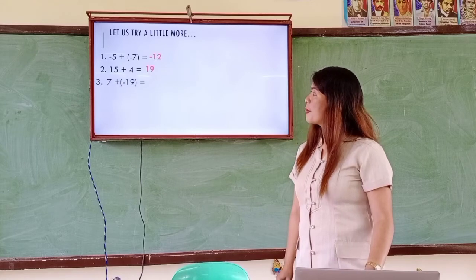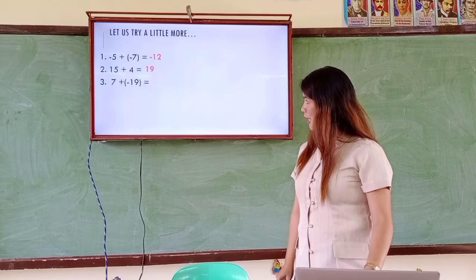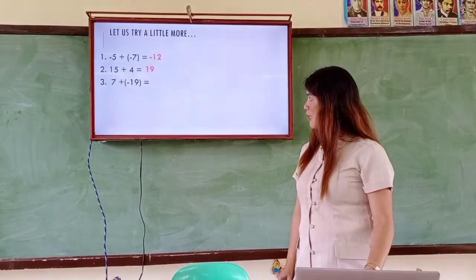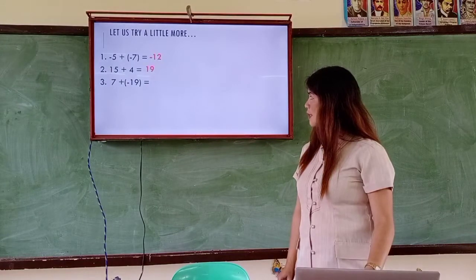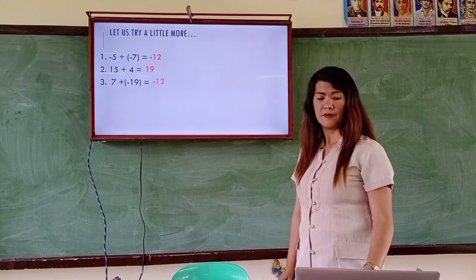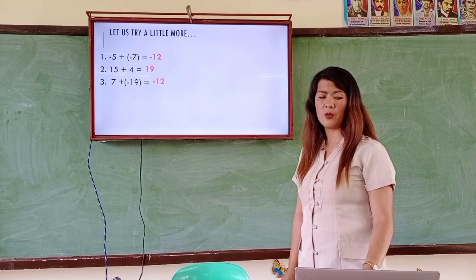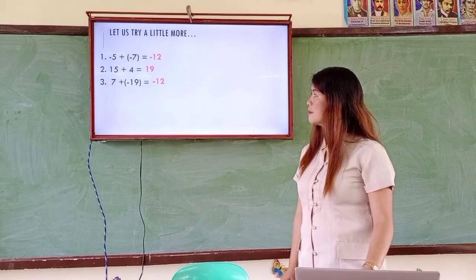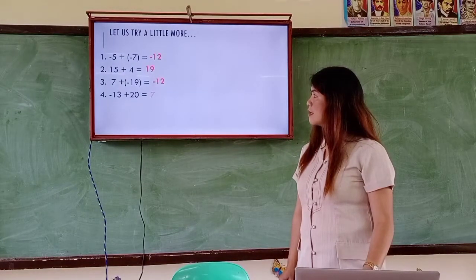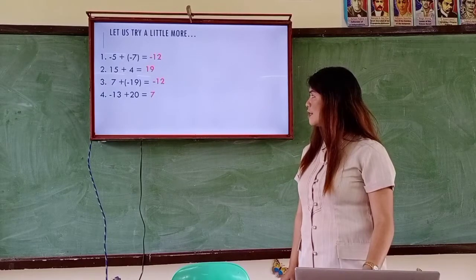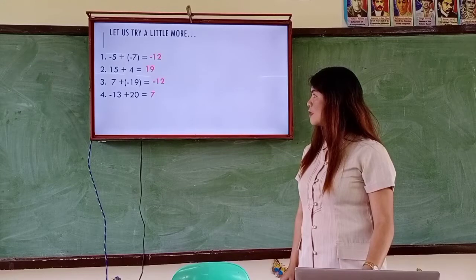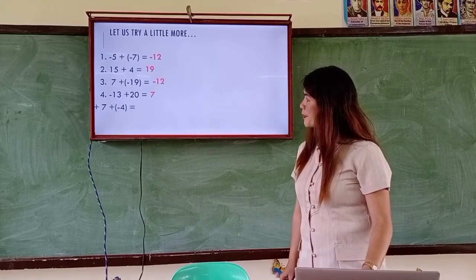Next, we have different signs, positive and negative, so subtract and then keep the sign of the integer with a greater absolute value. So the answer is negative 12. Okay, next, different signs. Subtract 20 minus 13, that is 7. Since 20 has a greater absolute value, the answer is positive.